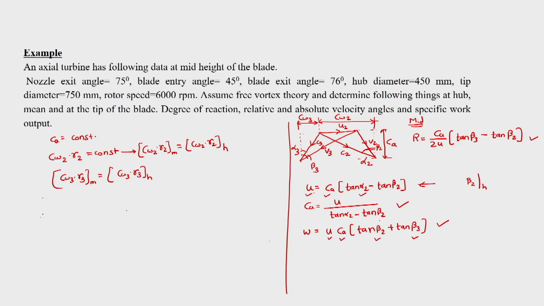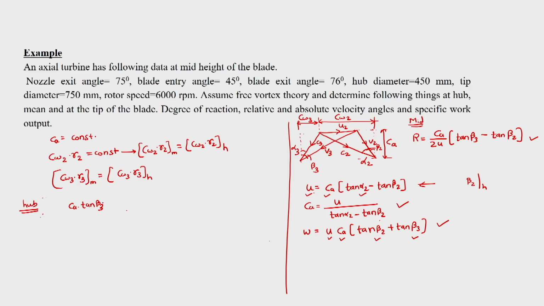So we need to find out beta 3, so we can say that U, Ca into tan beta 3 at hub. We are doing it for hub, but the velocity triangle can be similar.